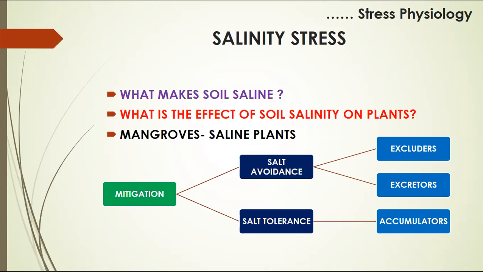One, saline soil or salinity in the soil induces osmotic stress. Now, I hope you all understand when I use the words osmotic stress, water potential, solute potential, the inverse relationship between the two, the definition of osmosis, hypotonic and hypertonic solutions.